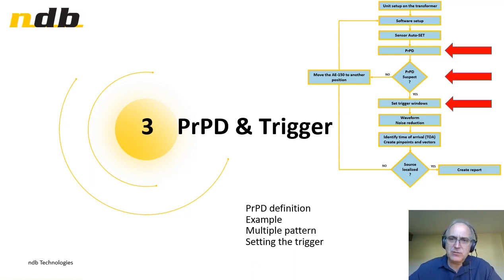So the question to ask yourself, from my actual position, let's say from my first position, am I detecting suspicious activities on this transformer? So that's the question that we should ask ourselves. So let's go through. I will talk about PRPD definition, example, multiple pattern, and how to set the trigger.